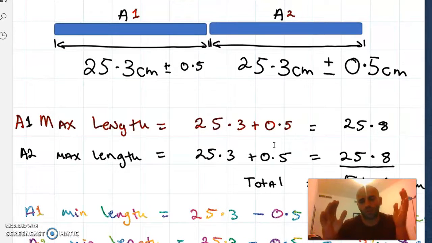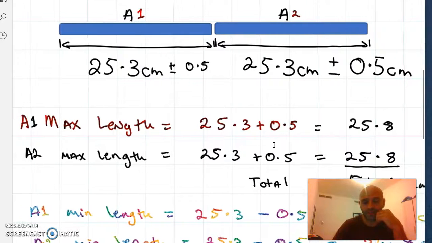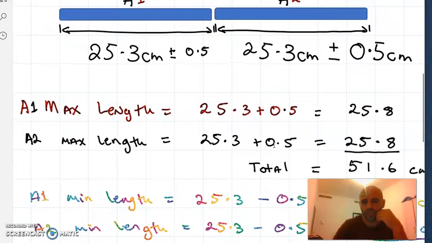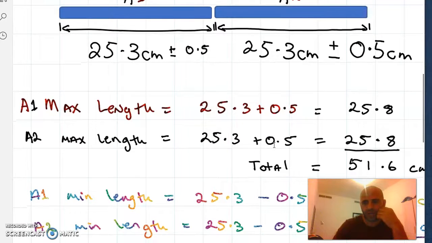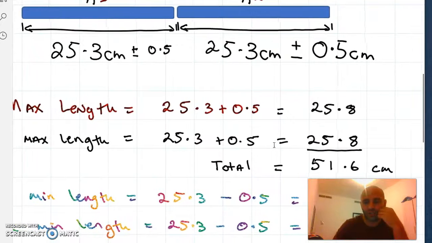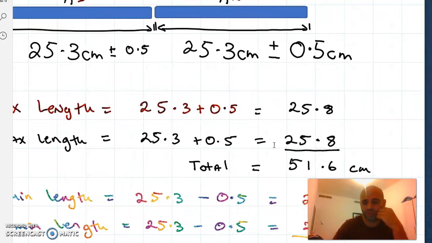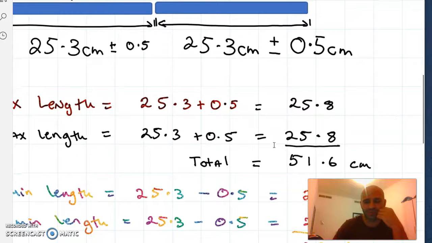That's the total upper bound that it could be. Similarly, the same for the second one. It could be 25.8 centimeters long, potentially. That would give me a potential total length of 51.6 centimeters.